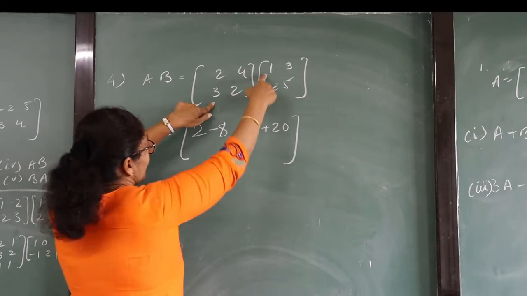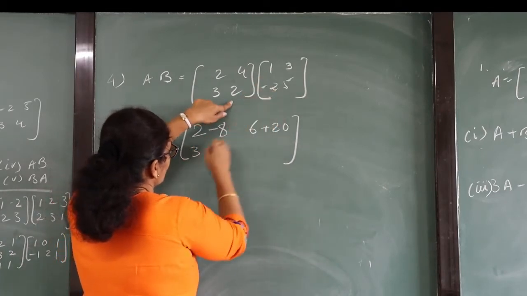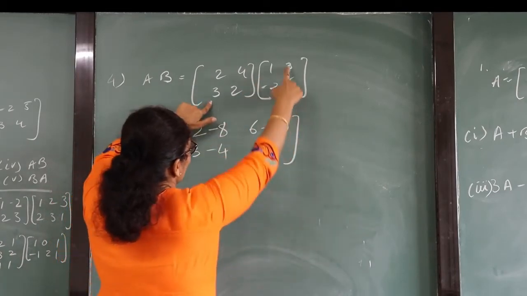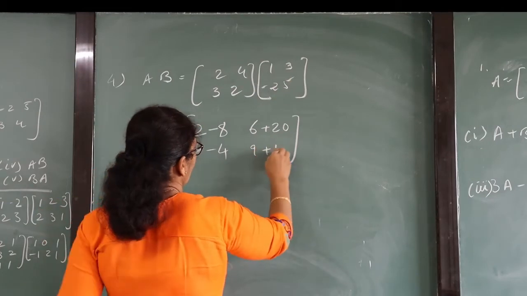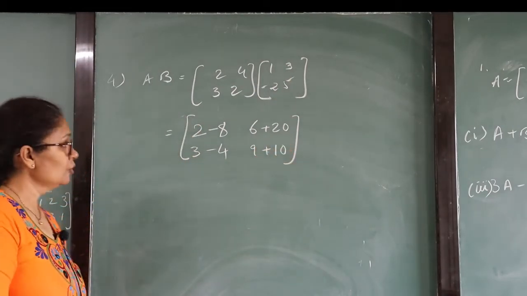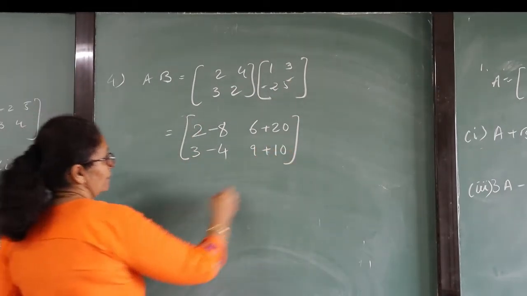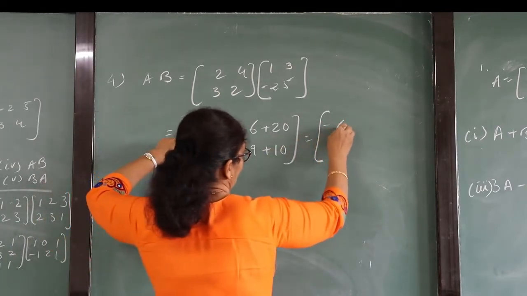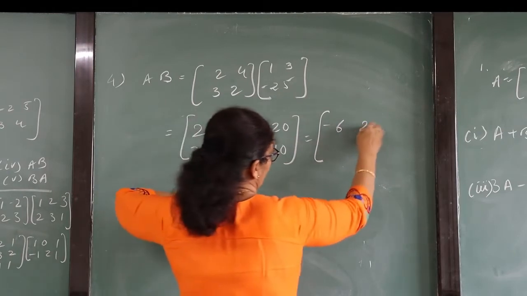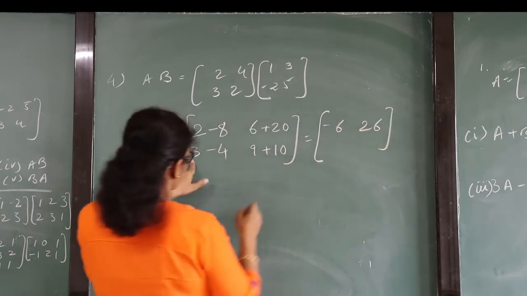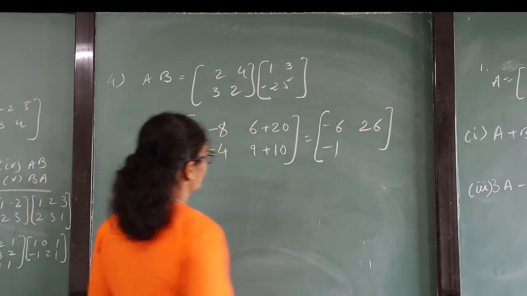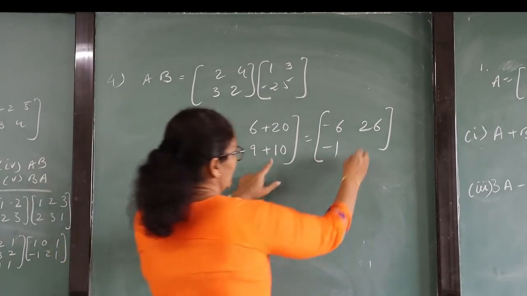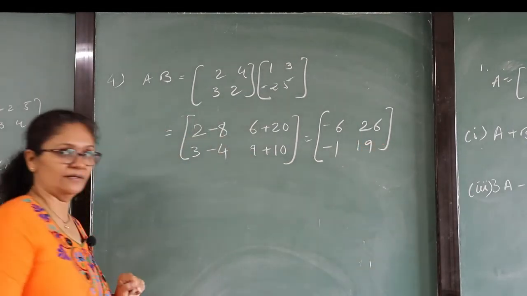Similarly, 3 1s are 3 and 2 2s are 4 with minus sign, 3 3s are 9 and 5 2s are 10. So what you will get? First simplification: 2 minus 8 will be minus 6, 6 plus 20 will be 26, 3 minus 4 so minus 1 and 10 plus 9 will be 19.